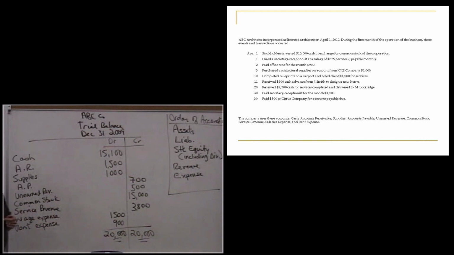Now that we have ending retained earnings, we prepare the balance sheet, which is my assets, my liabilities, and my stockholders' equity. Cash, accounts receivable, supplies, those are my assets. My assets total $17,600, but go see for yourself. My liabilities, accounts payable and unearned revenue, are $1,200 in total.